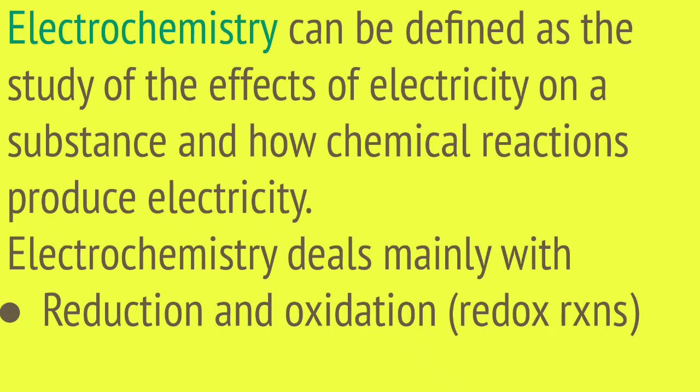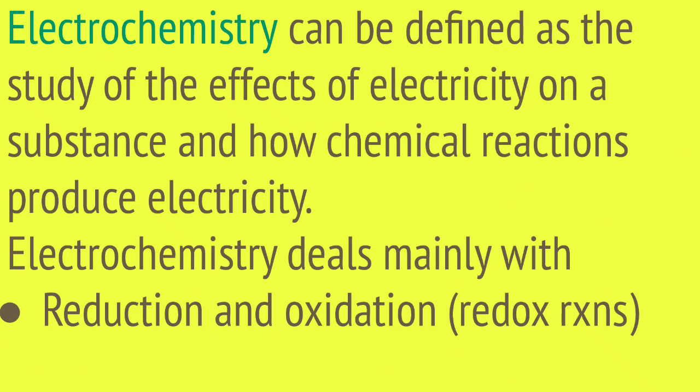Welcome. Now, electrochemistry can be defined as the study of the effects of electricity on a substance and how chemical reactions produce electricity. So, we are going to deal with two aspects of this topic. One is the study of the effects of electricity on a substance.